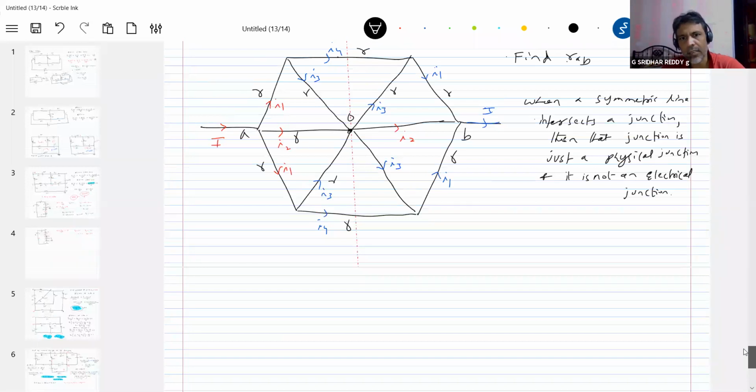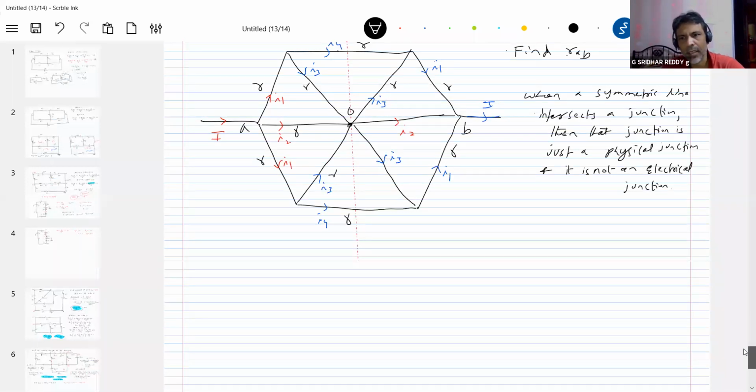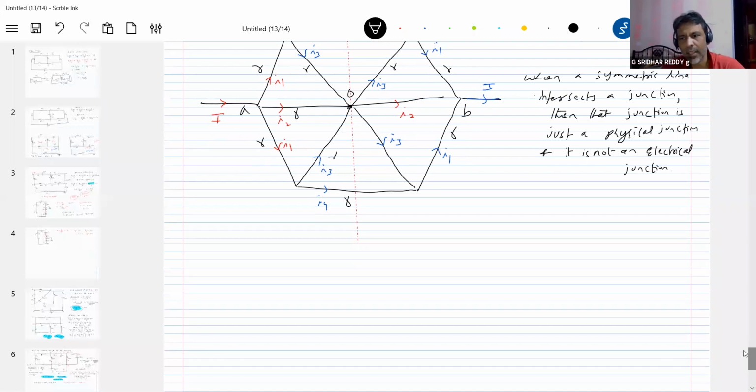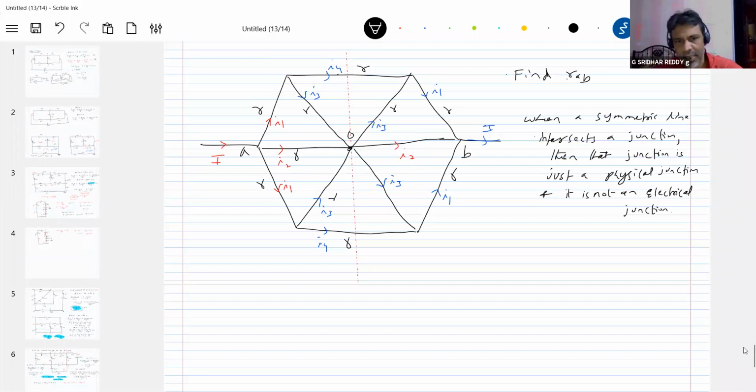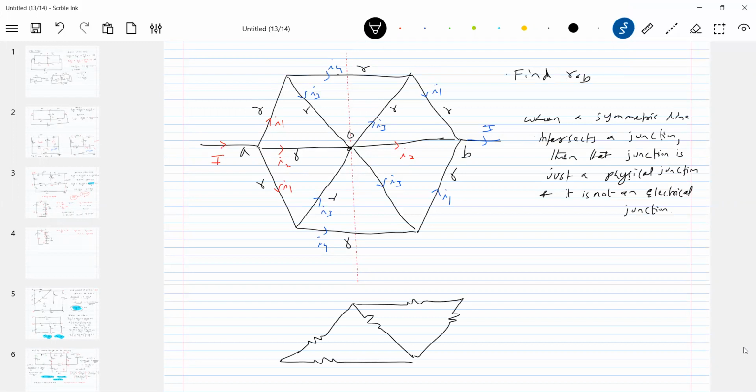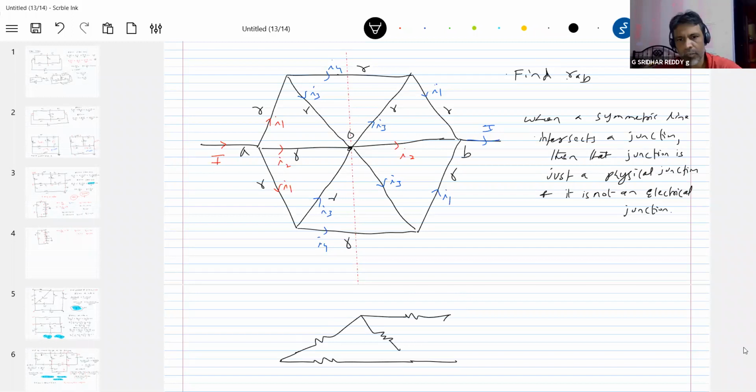Practically, sir, can we really work this out by taking ammeters, current measuring instruments, and connecting them in various branches? Yes, in fact that particular thing can be verified. Practically they verified most of the theorems, then they made a rule.